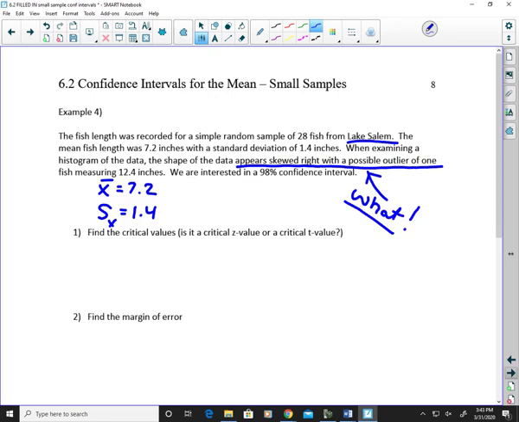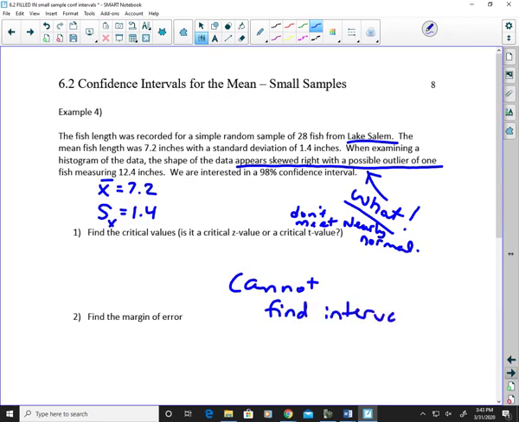That means that we don't meet that nearly normal condition to the level where T can do it. So, cannot find interval because of outlier.